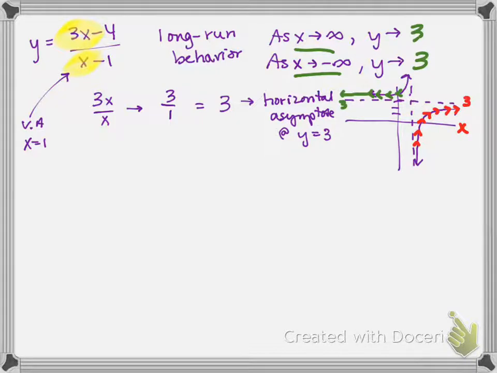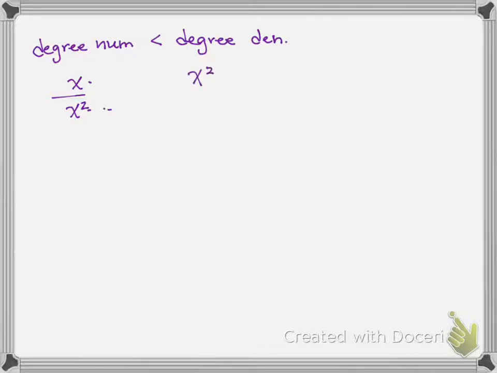All right. The other option, the third option that you'll have for long run behavior is if the degree in the numerator is less than the degree in the denominator. In other words, you've got x over x squared, or x squared over x cubed, or x over x to the fifth, whatever the nature of the setup.